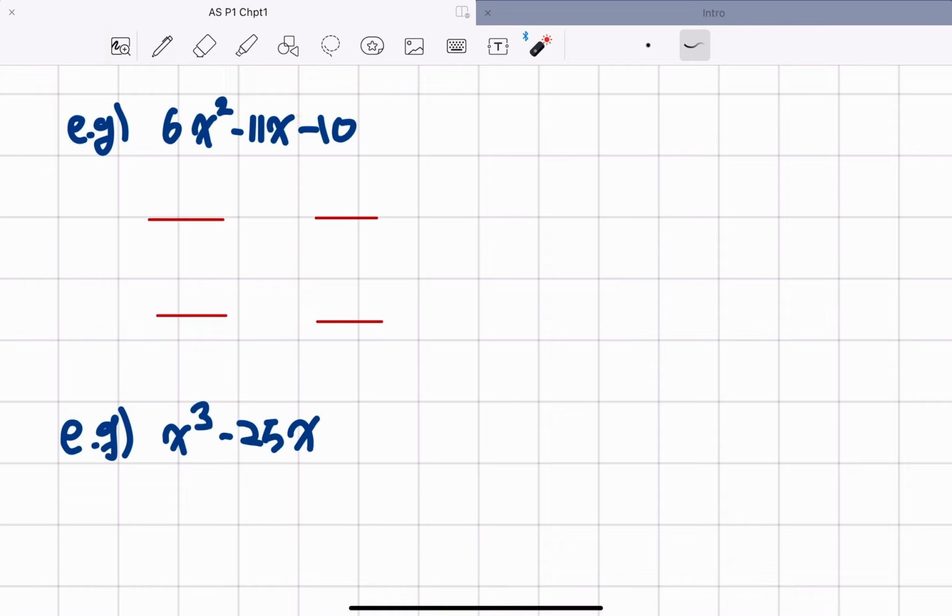So we can just think that it should take x and x, right? And we know that if we multiply these two, then we should get 6x squared. So we can make some combinations like 6, 1, 2, 3, 3, 2, 1, 6, something, right? And we also need to think about this term. So this one minus 10, so it can be 10, 1, 2, 5, 5, 2, 1, 10, right?